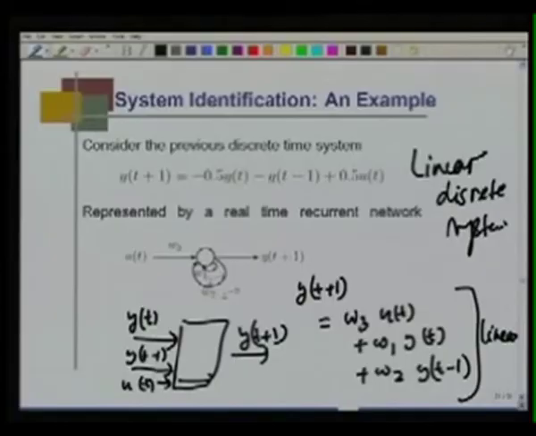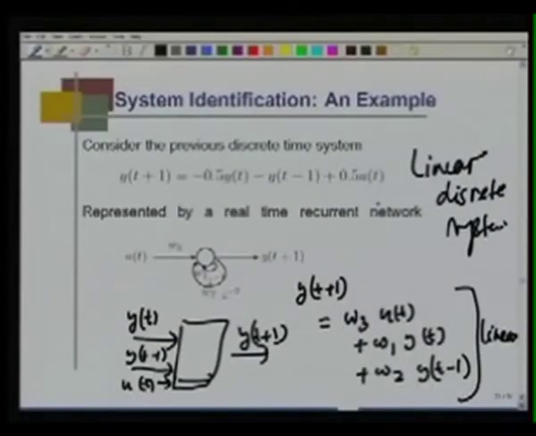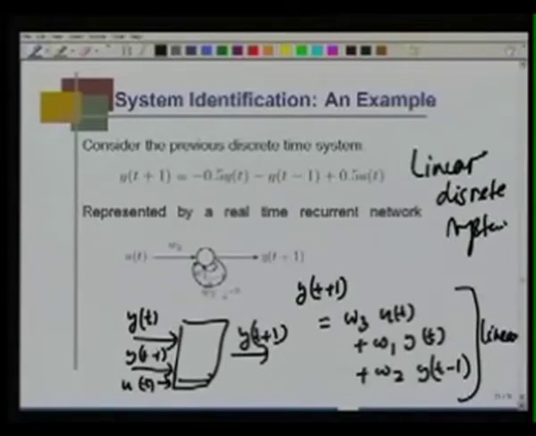I can use MATLAB or C language, any computing program, and generate ut, which is a random number, say between 0 and 1, and then compute y1 given u0, then y2, y3, y4, y5 and so on given u1, u2, u3, u4. I give the data online, that is, I give one input, find the output, give that here, match the error, back propagate, update the weight, and again generate new data from this model, give it to this network, compute the output, and match with the actual output.